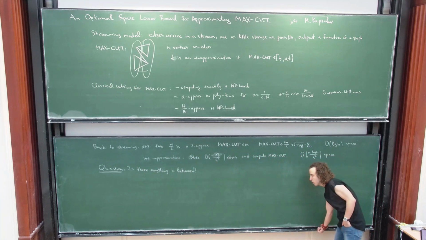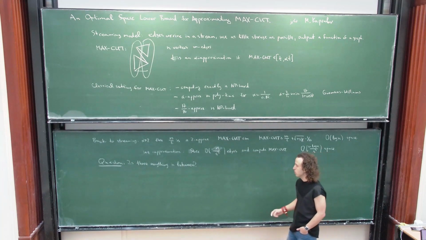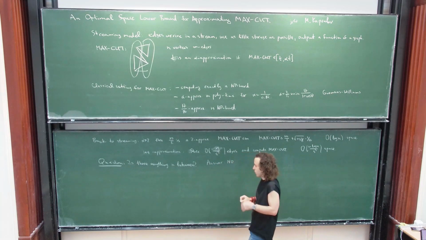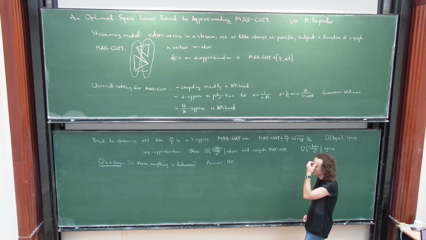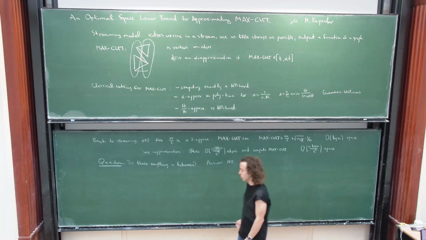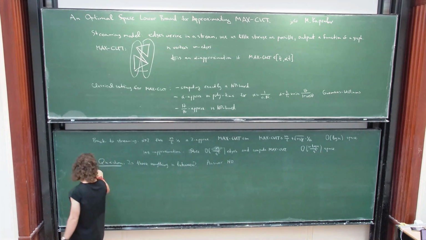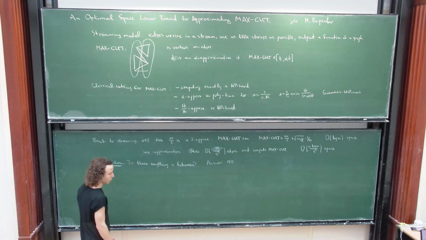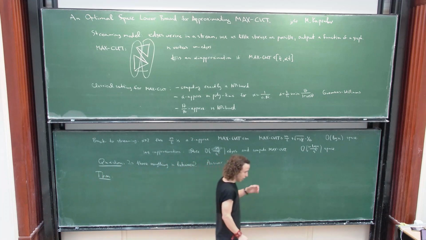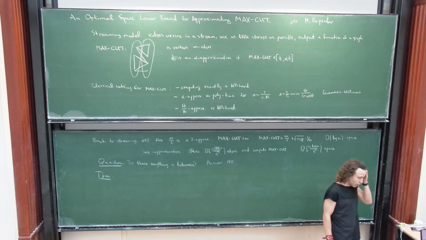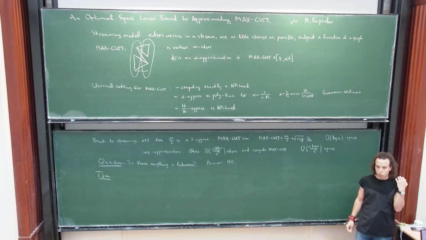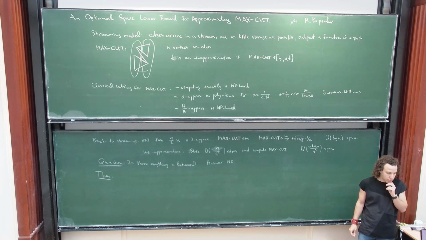It turns out that the answer is no. So let me state the theorem that we proved, and then I will comment on what was known before. Once you depart from 2 approximation, then you cannot do better than linear space.